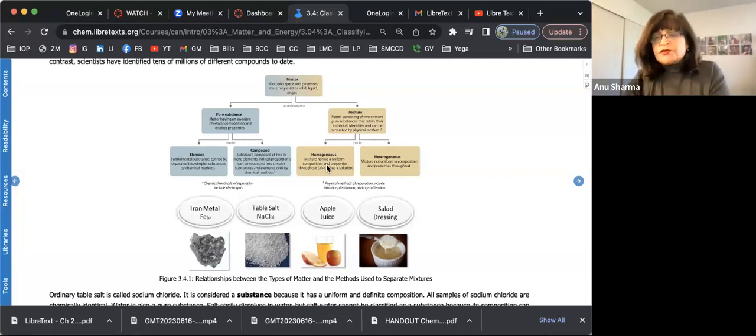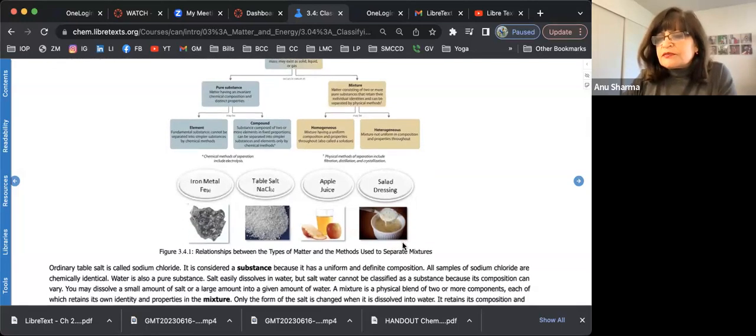If these substances look the same, then it's a homogeneous mixture. But if two or more substances look different, so you can identify the individual components, then it is a heterogeneous mixture. The way I remember this is the T, and two or more. That's why you can see two or more substances in a heterogeneous mixture.